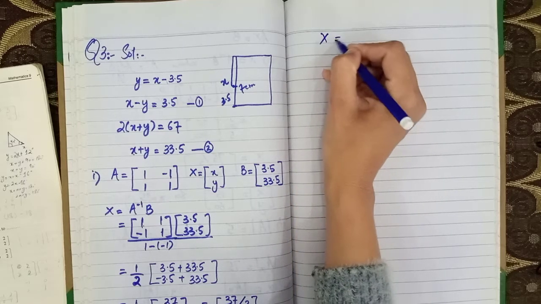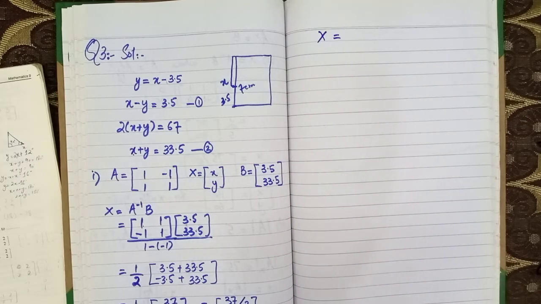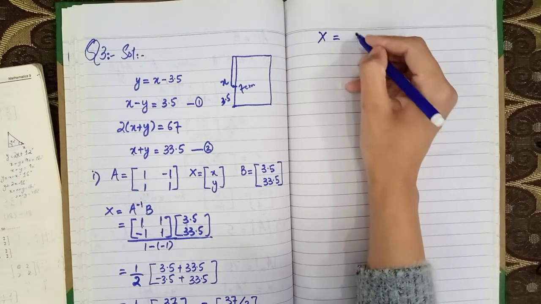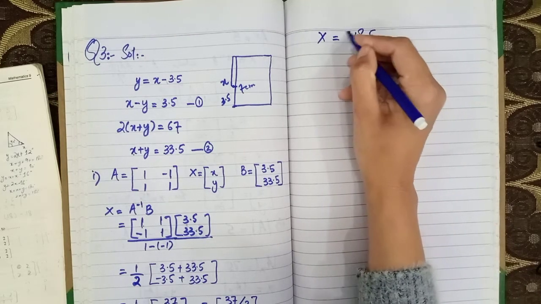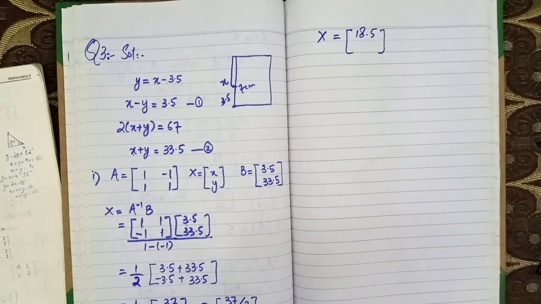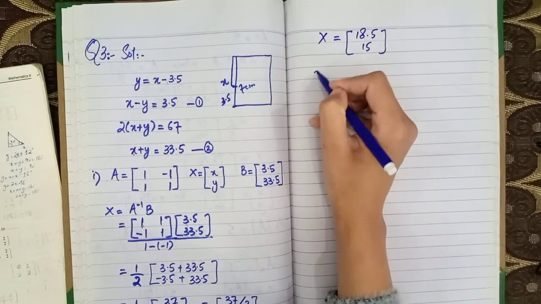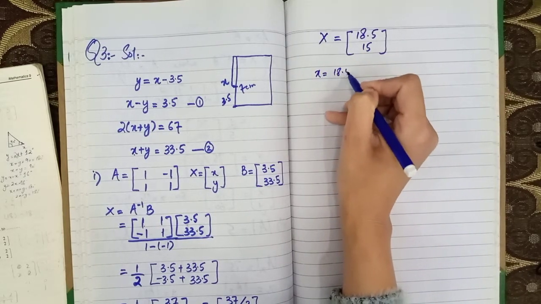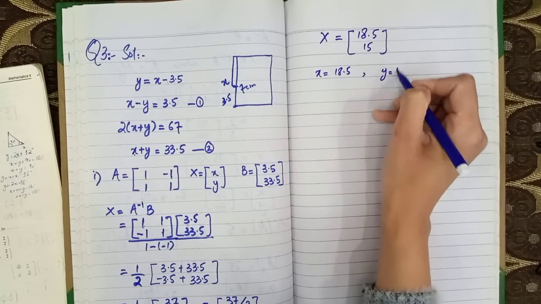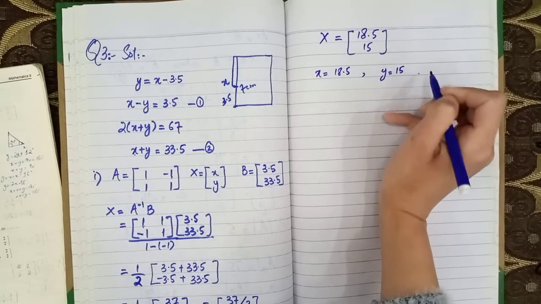So x is equal to 37 divided by 2, which is equal to 18.5, and 30 divided by 2, which is equal to 15. x here is 18.5 and y is equal to 15.